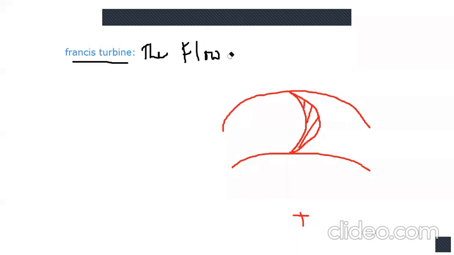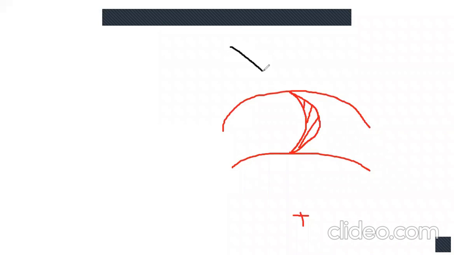First of all, resolve this. This is v1, the striking velocity or absolute velocity of water. This is u1.